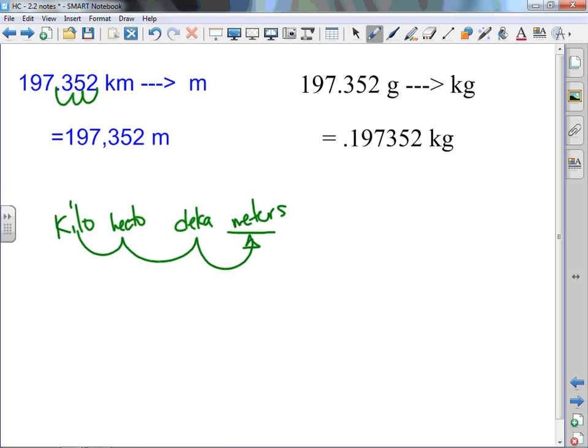If we are working the other way, we're at grams here, and we need to go to kilograms. We are moving 1, 2, 3 places to the left. Well, as we move 3 places to the left in terms of prefixes, the decimal point moves 3 places to the left.